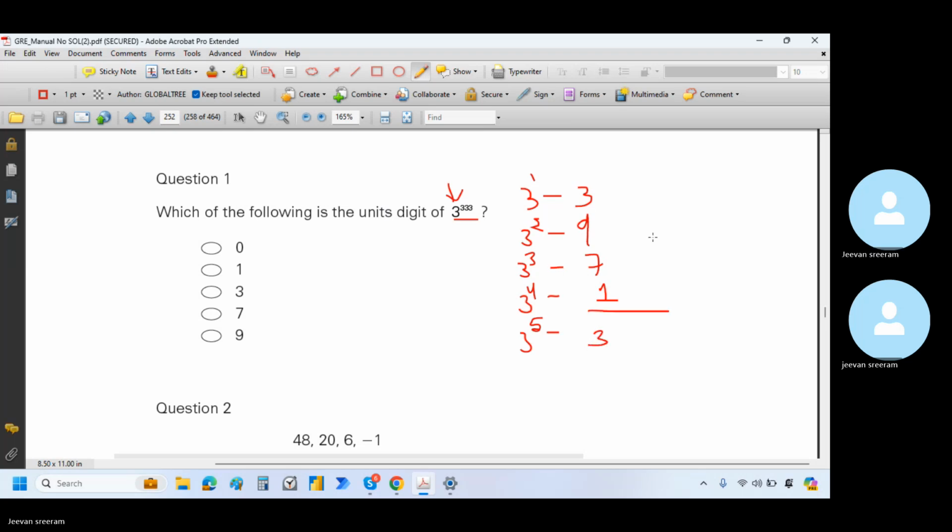Periodicity 4, the repeated digits are 3, 9, 7, 1.